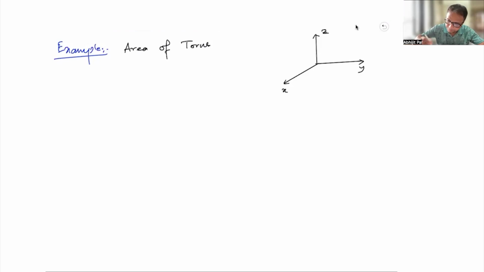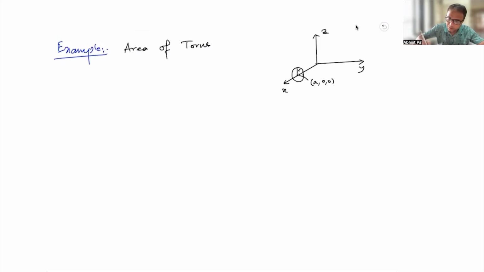And so here I'll take a circle of radius r centered at (a, 0, 0).